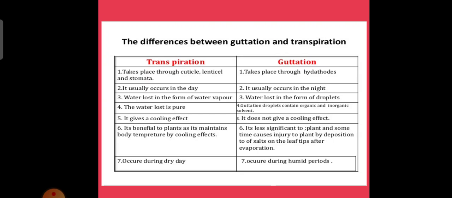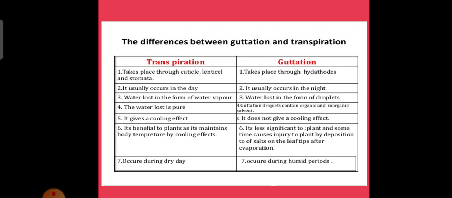Number 6, it's beneficial to the plant as it maintains body temperature by cooling effect. In guttation, it is less significant to the plant and sometimes causes injury to the plant by deposition of salts on the leaf tip after evaporation.